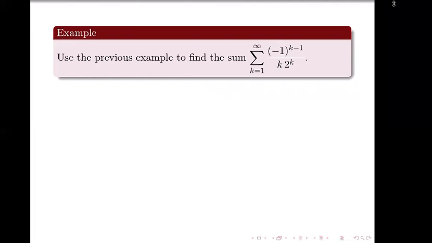So it says we need to use the previous example.